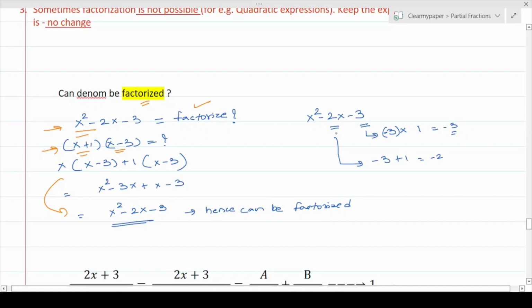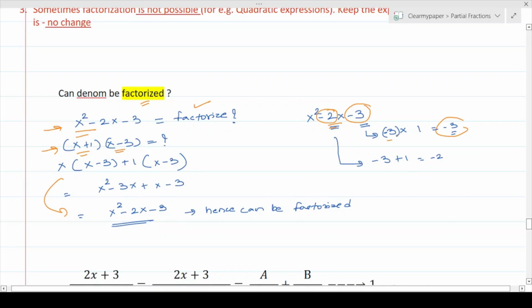Just a reminder, how do you factorize it in case you don't remember? I've already explained this, and this is basic elementary stuff in quadratics. You take the equation, and we have to find two numbers which when multiplied give the constant, which is minus 3. The two numbers are minus 3 and 1, and when you multiply them, we get minus 3. The same two numbers, when added, have to give us minus 2, the middle term.